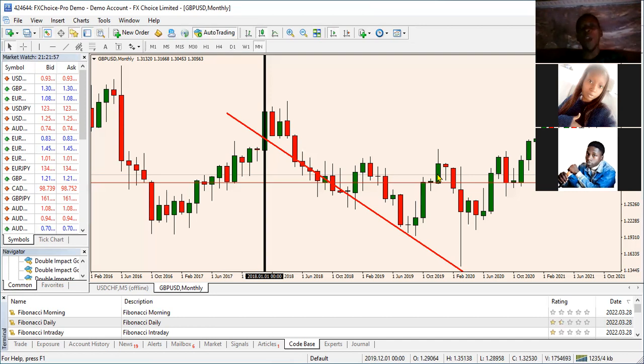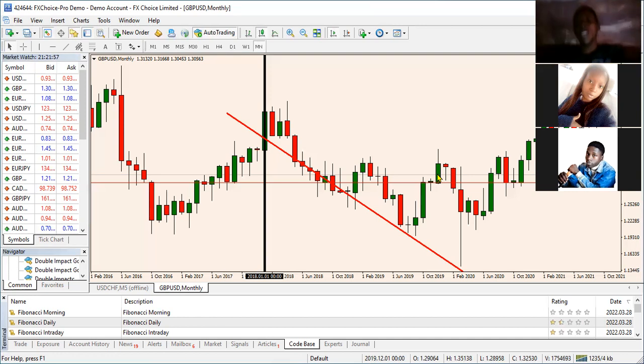It's just like keeping an object on the water and expecting the object to go opposite the direction in which the water is flowing. That is difficult or somehow impossible if the object doesn't have a force of its own to move against the direction of the water. Just like someone paddling a canoe: if he's paddling in the direction of the water, it's going to be easy.